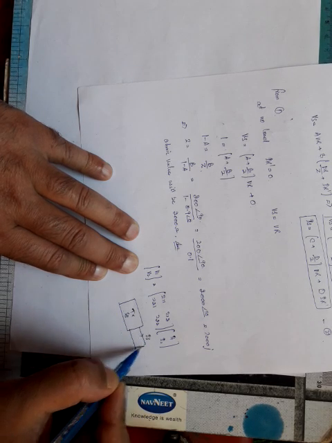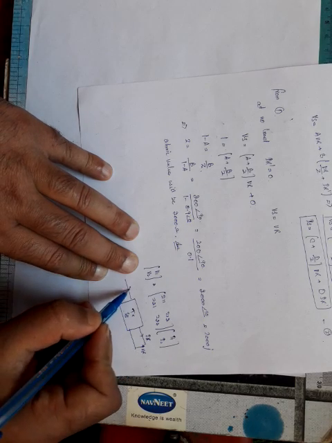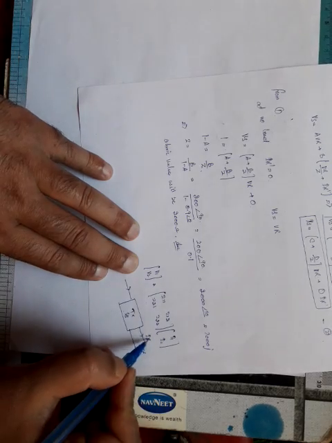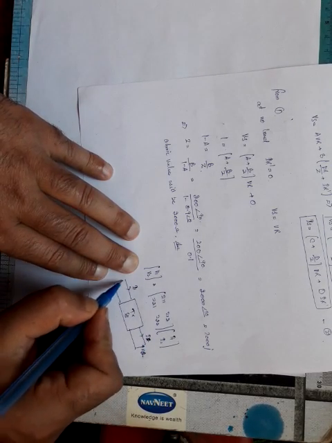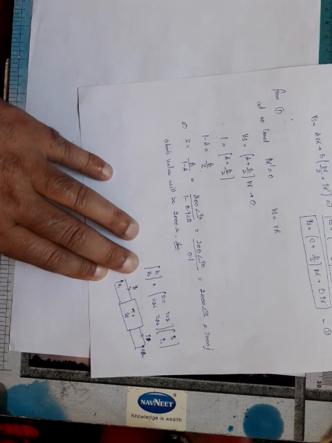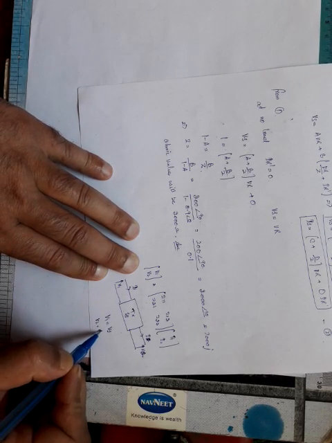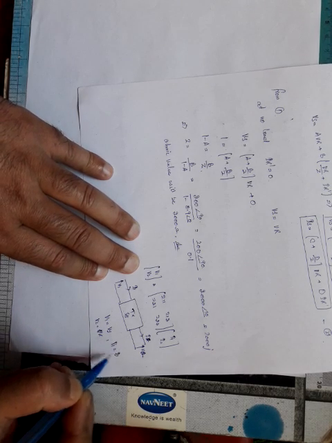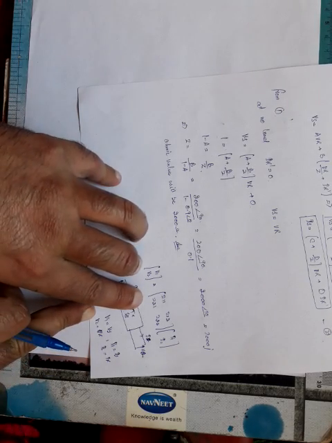This is IR, this is VR, and I will write it as I2, V2, I1, V1. So here V1 is equal to VS, V2 is equal to VR, I1 is equal to IS, and I2 is equal to IR.